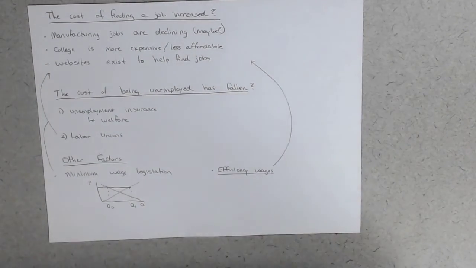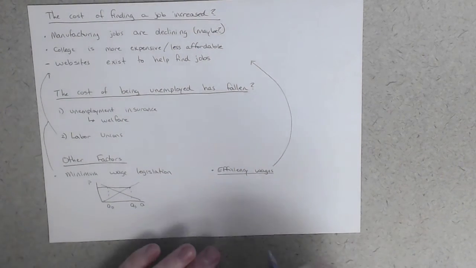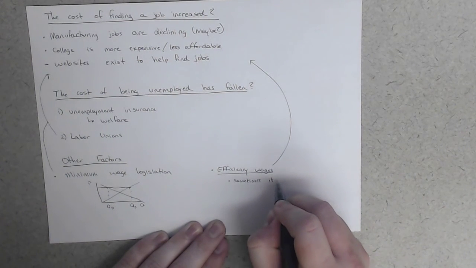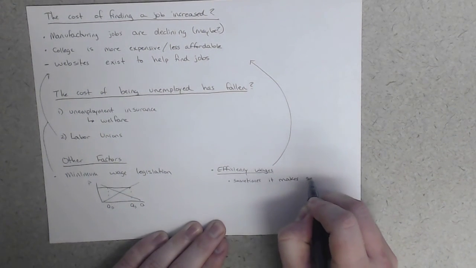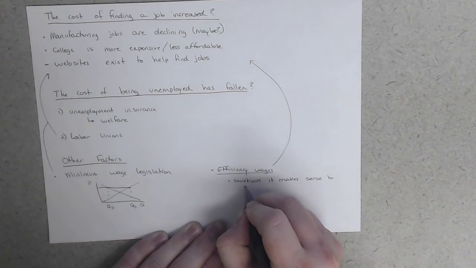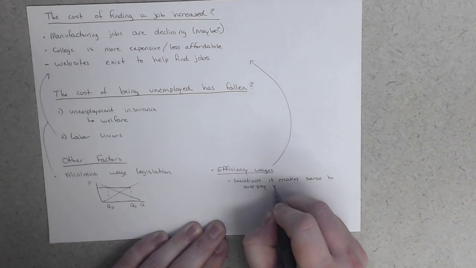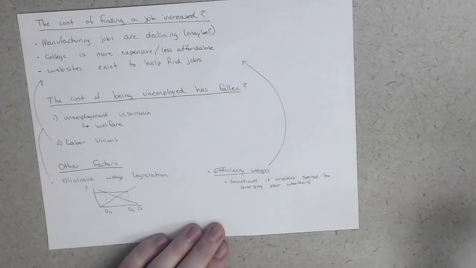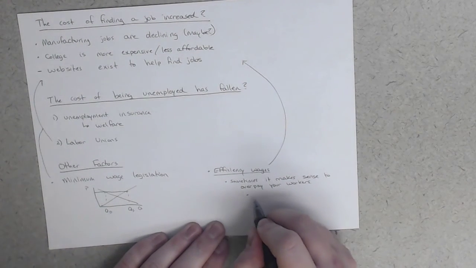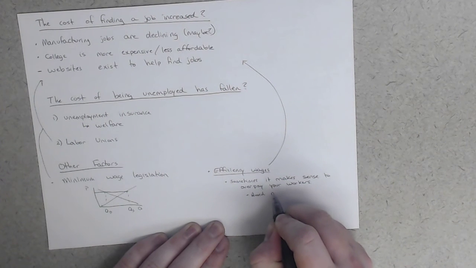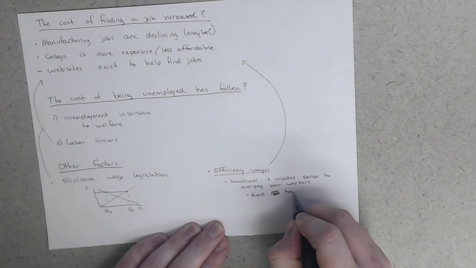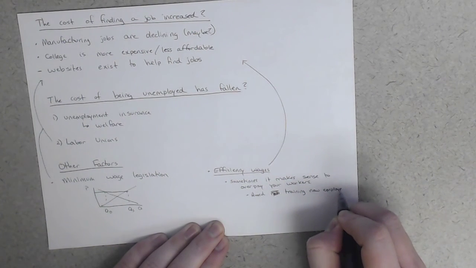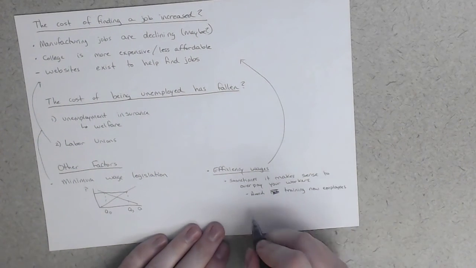What an efficiency wage is, is basically the idea that sometimes it makes sense to overpay your workers. In doing so, you can avoid training new people, and you can avoid having to monitor.